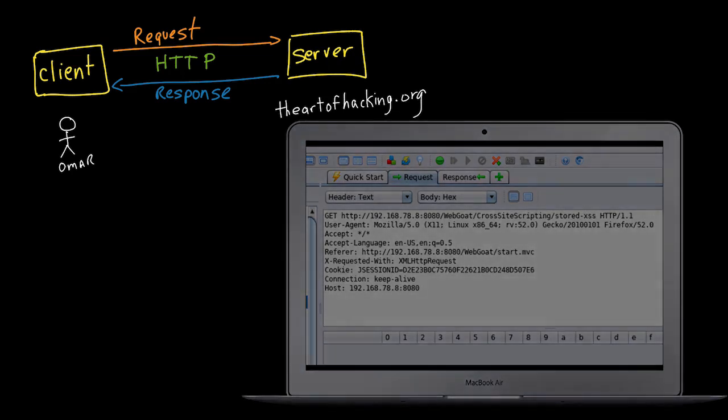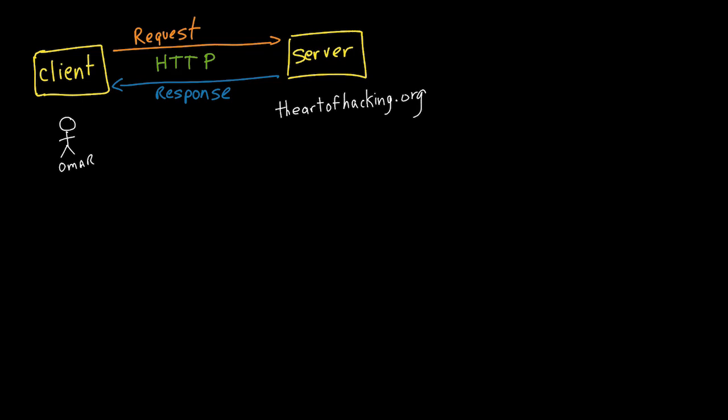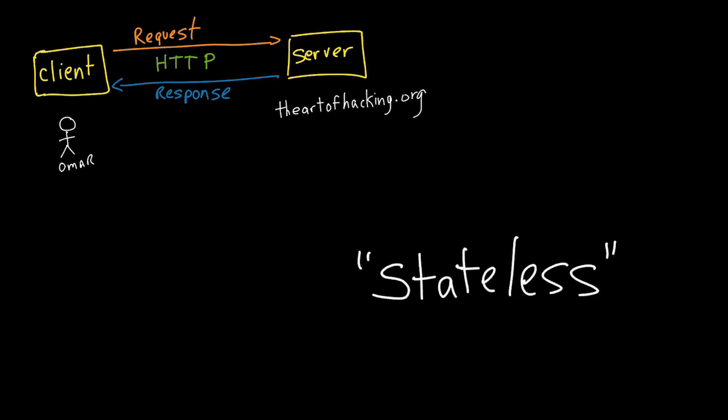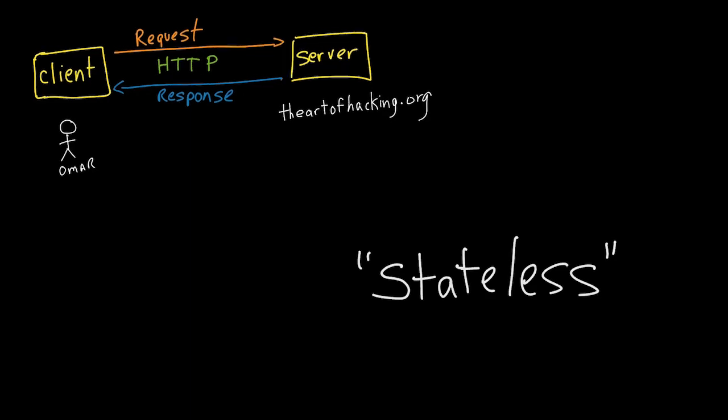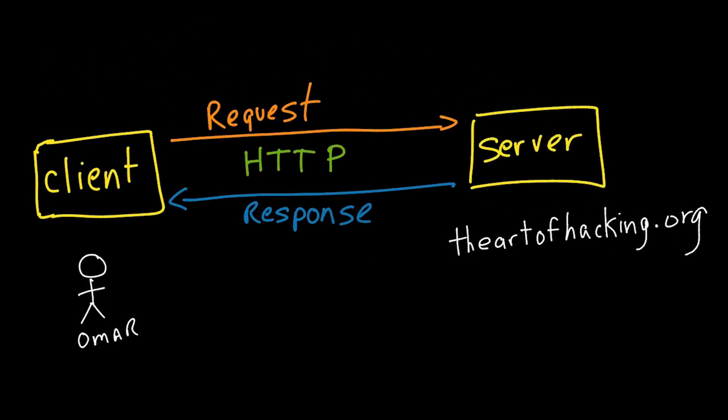HTTP is considered in most cases a stateless protocol, which doesn't rely on a persistent connection for communication to a web server or to a web service. An HTTP transaction consists of a single request from a client to a server, followed by a single response from the server going back to the client.